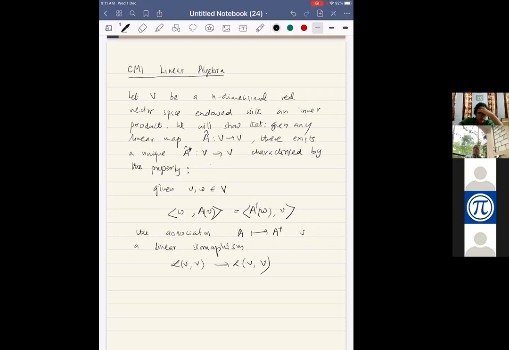Okay, so let me just complete this definition. A hat dagger is said to be the adjoint of A hat.